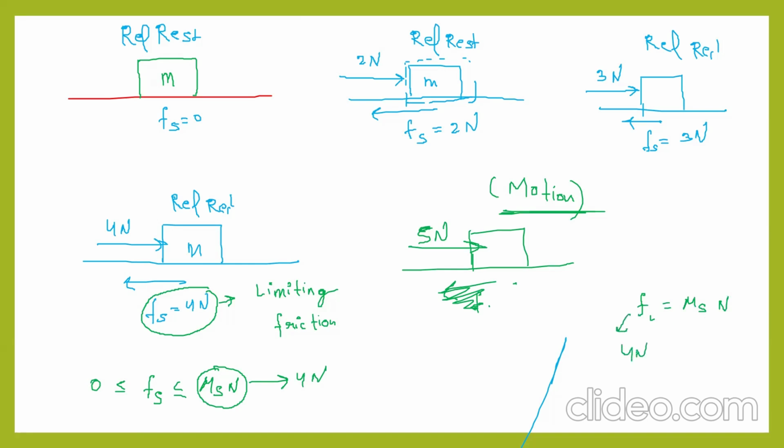FL is limiting friction. Its value is 4 Newton. Once the condition is relatively rest, only then will static friction be there. The value of static friction lies between 0 and its maximum value.